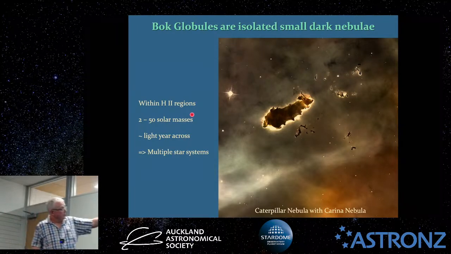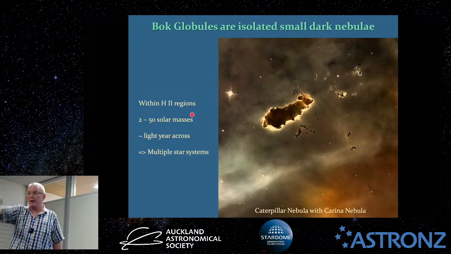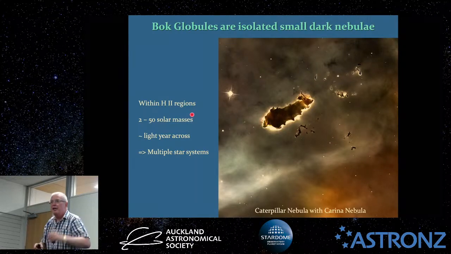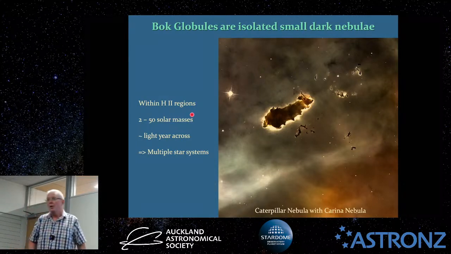So for example, if there's 2 to 50 solar masses, that's 2 to 50 times the mass of our sun. Often you'll see it written as a big capital M with a circle and a little dot in the middle of that circle, as a subscript. When you see that subscript, it means solar, meaning the sun. So a big capital M with a little circle and a dot means a solar mass.